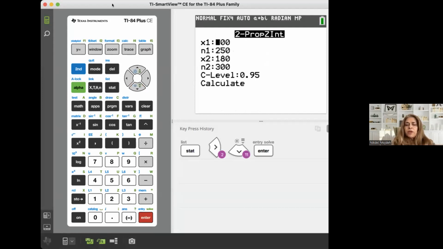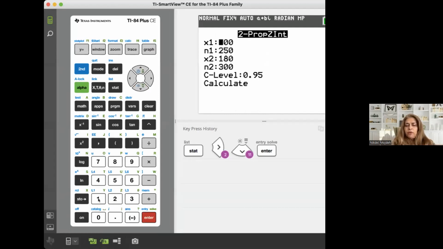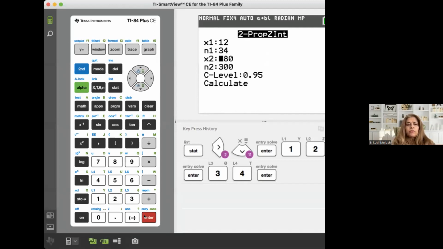What is my x1? 12. What is my n1? 34. What is my x2? 17. What is n2? 24. My confidence level: you had to find a 95% confidence interval.